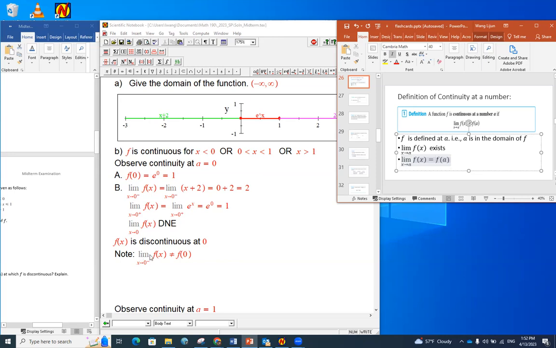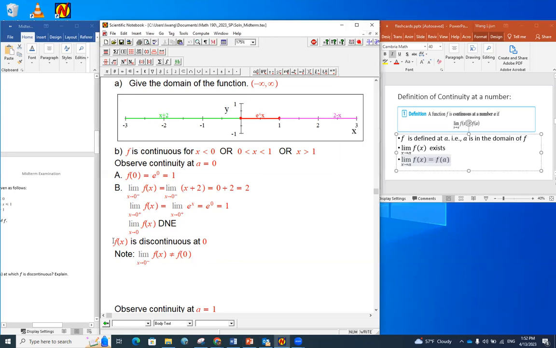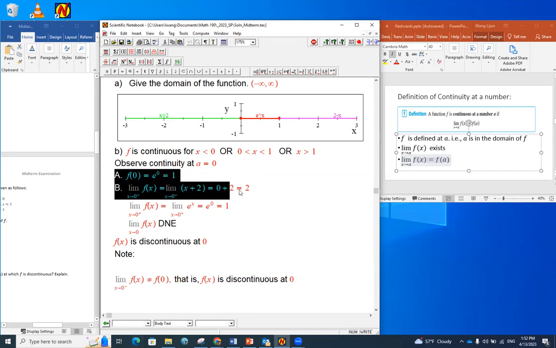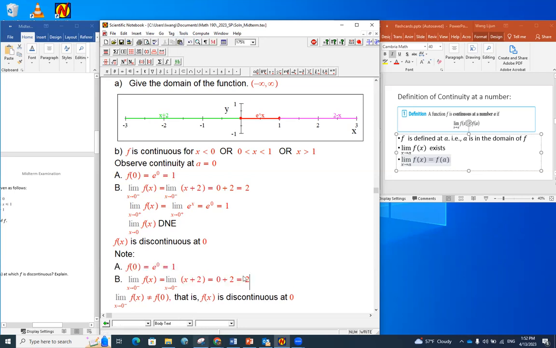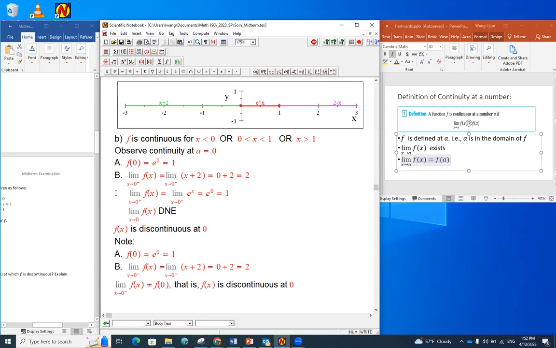So if this is true and you point this out, you can also say f of x is discontinuous at a. If you point this out, you will only need this piece. You would not need to do this other work.